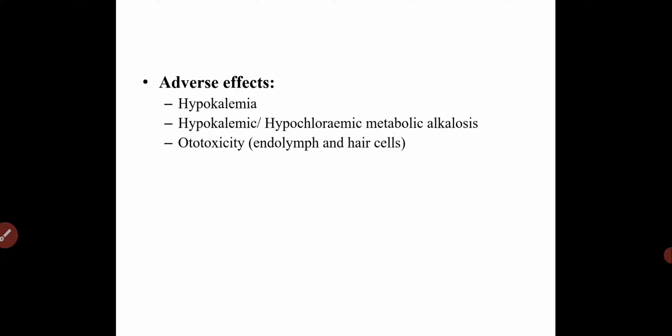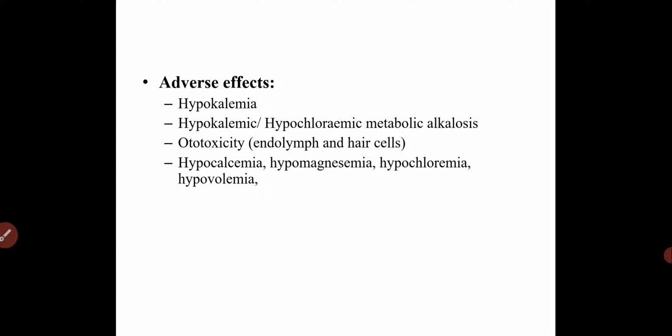So there is ototoxicity, and there is direct damage to the ear cells also, okay. So there is ototoxicity with these loop diuretics. Then there is hypocalcemia, okay. It decreases the calcium in our body, hypocalcemia, hypomagnesemia, okay, hypochloremia and hypovolemia.